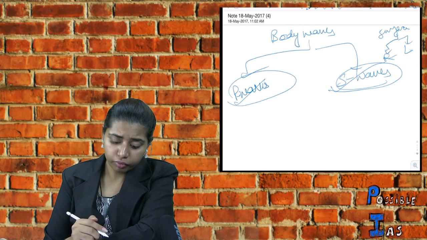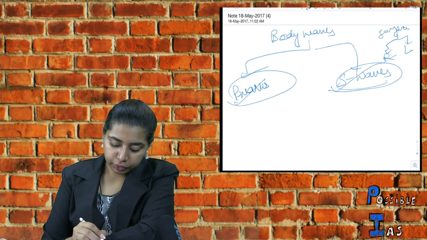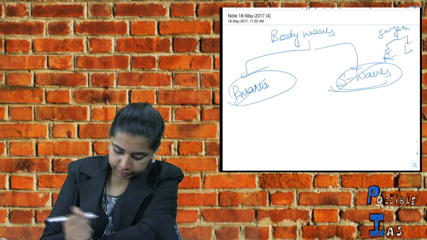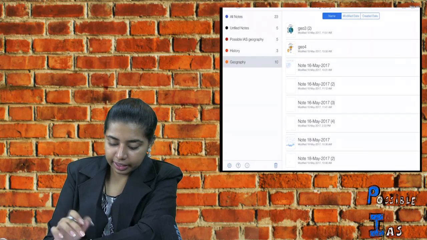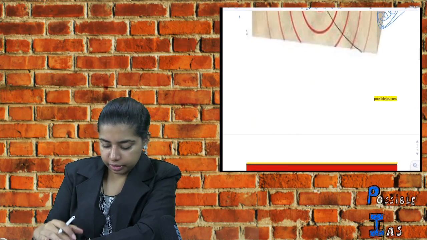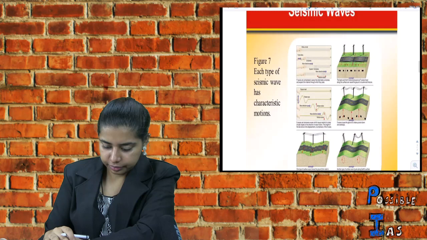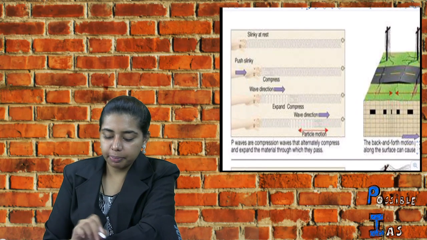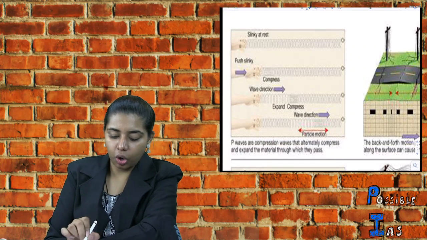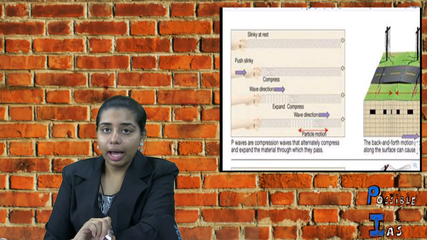Okay, so now coming to P waves. So P waves, they travel by compression and expansion. So this figure shows compression and expansion in a slinky, which is a long spring. So what happens?